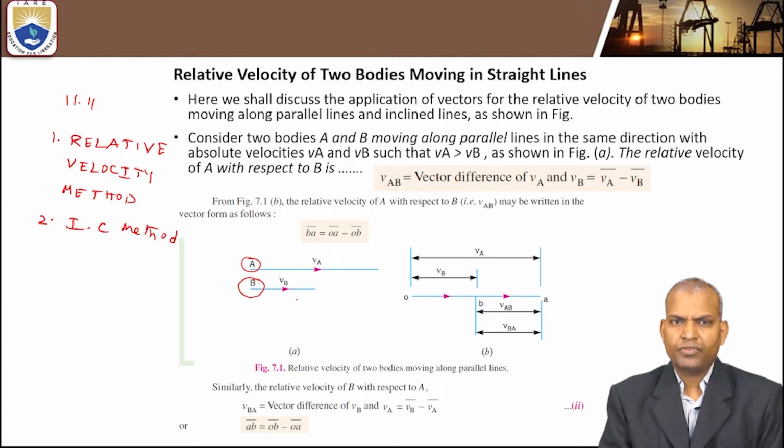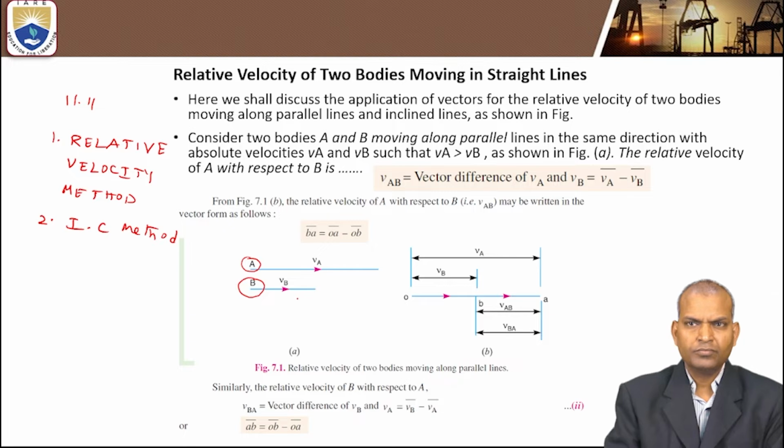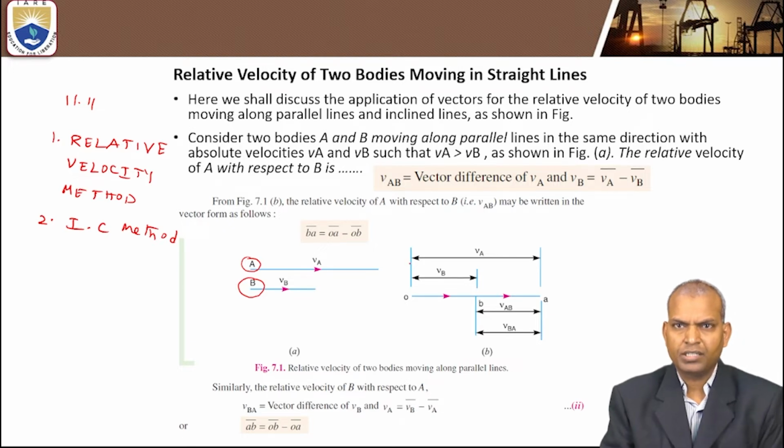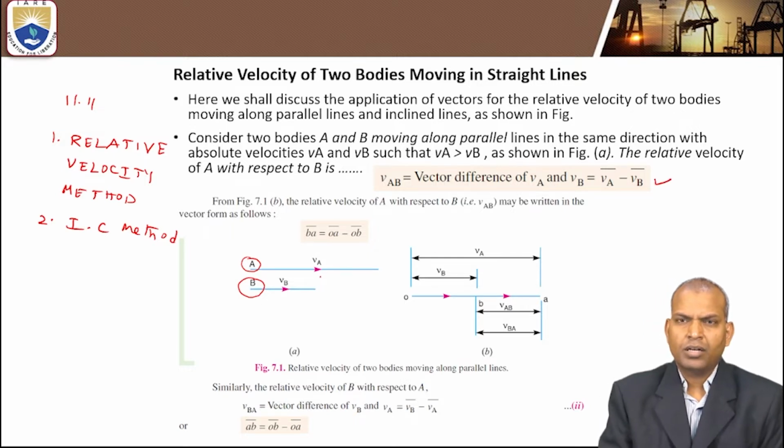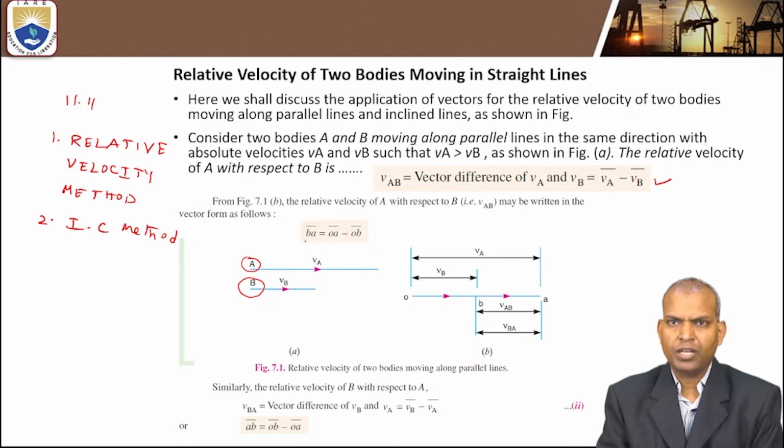So the relative velocity of A with respect to B, that is VAB, is the vector difference of VA and VB, that is equal to VA minus VB. How to denote this in vector form? The velocity of A with respect to B, that is VAB, is in the direction BA, whereas VA is the velocity of A with respect to the reference line, that is called absolute velocity.